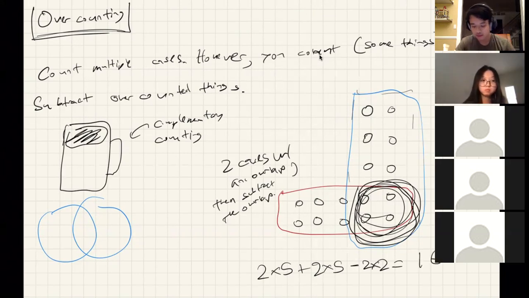So that's just an elementary example of overcounting.